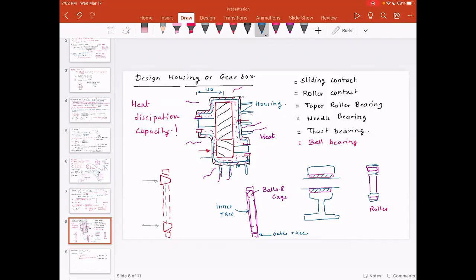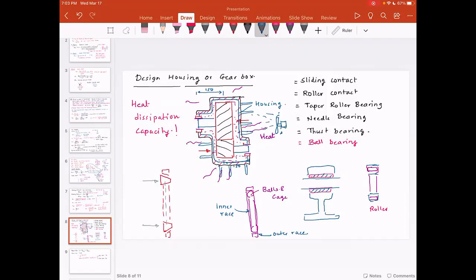And when you study heat transfer, fins are these small projections that improve the amount of heat transfer from the surface. Now, many a times what you can do is you can have an external fan that actually increases the airflow.